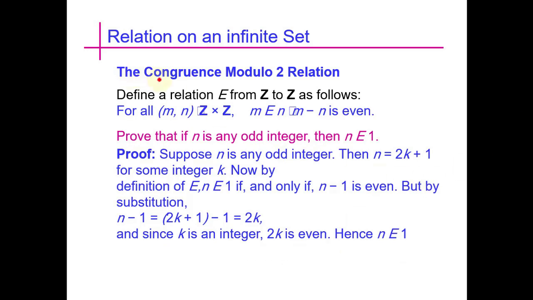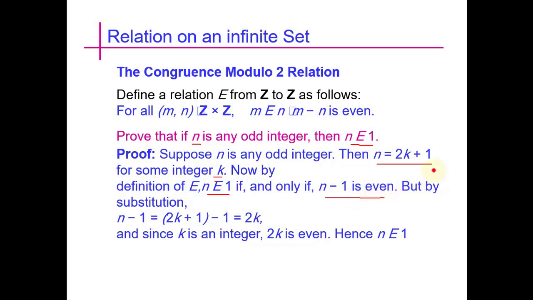Now for the last part, where we need to prove that if n is any odd integer, then n is related to 1. Suppose n is any odd integer, then n can be written as n equals 2k plus 1 for some integer k. By the definition of the relation E, n is related to 1 if and only if n minus 1 is even.